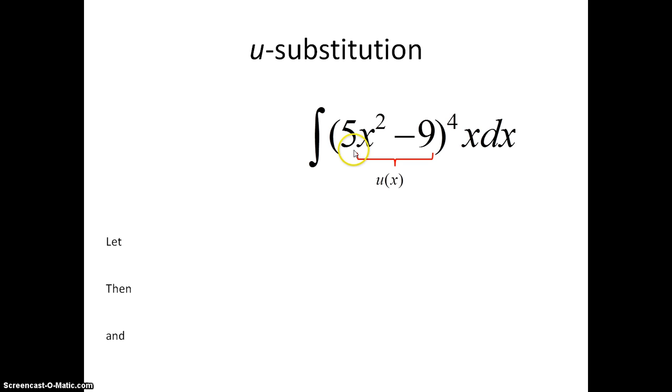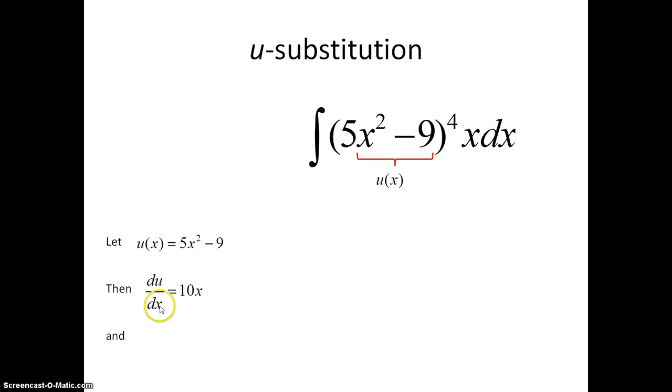But check it out. u is 5x squared minus 9. The derivative of u would be 10x. I'm showing that here with Leibniz notation. To get du by itself, we can pretend that we're multiplying both sides by dx. But look, back at the original, we don't have a factor of 10.